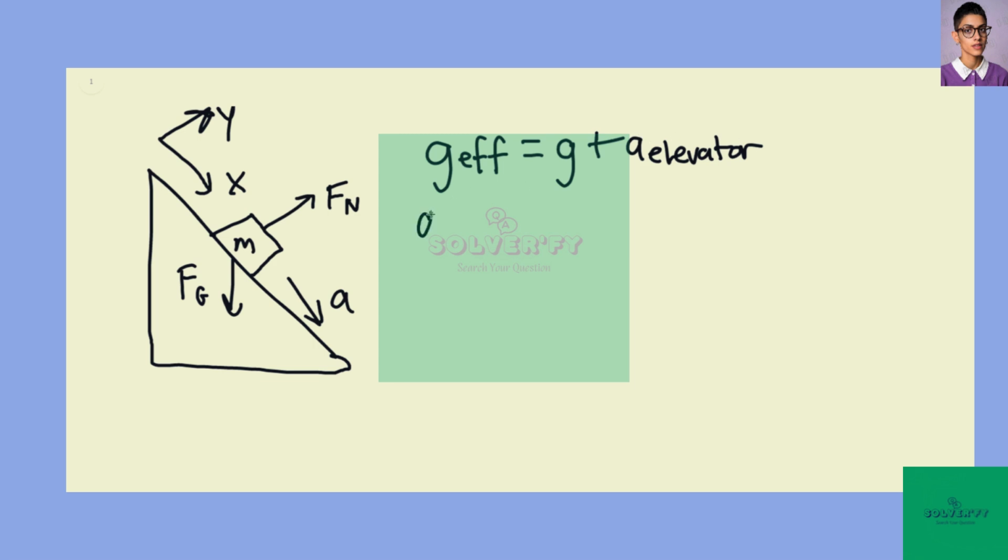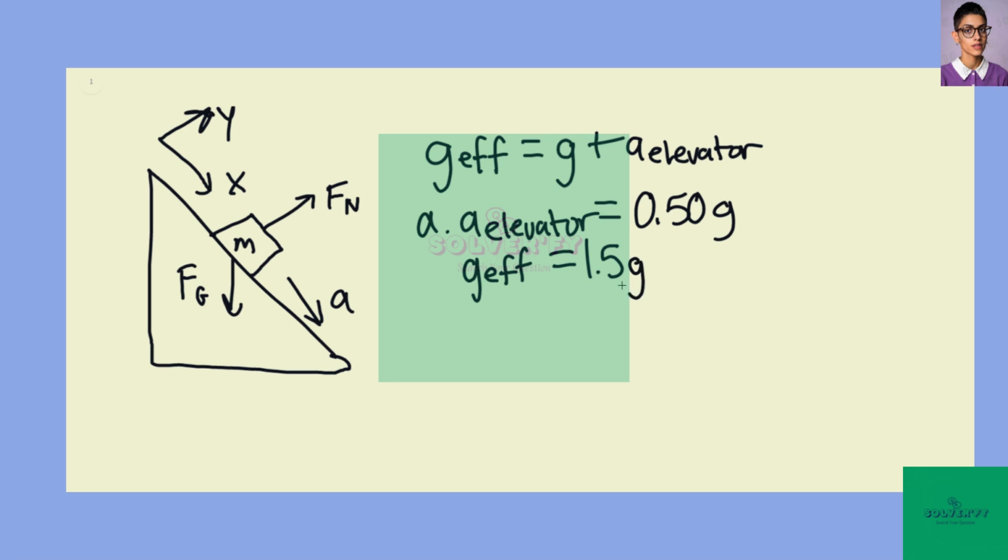So for part A, when the question is telling us that the acceleration of the elevator equals 0.5 g, we can say that the effective acceleration due to gravity would be equal to 1.5 g. So we can say that the relative acceleration is going to be equal to the effective acceleration due to gravity times sine of theta, where this angle here would be theta.